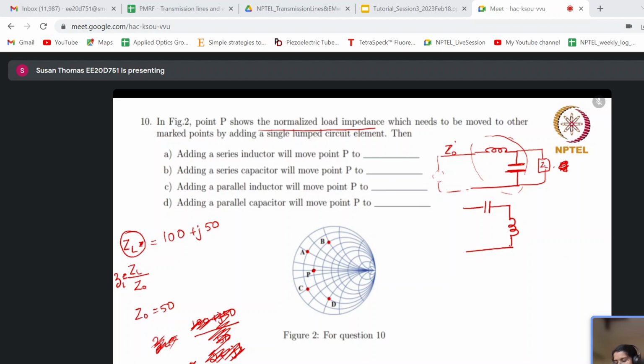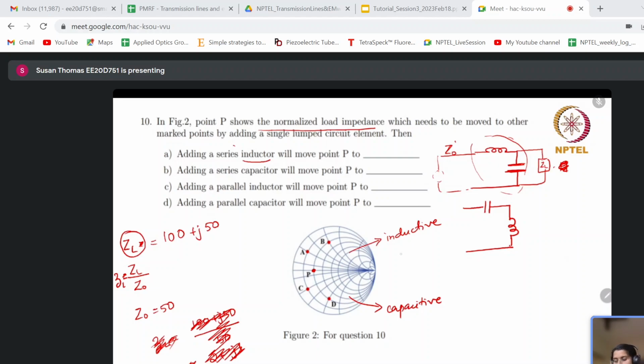Adding a series inductor will move point P to where? So series inductor, we know that it's an inductor, and as I already discussed, the upper half of the Smith chart represents inductive reactance and the lower half represents capacitive reactance.